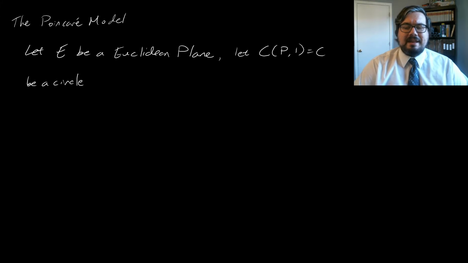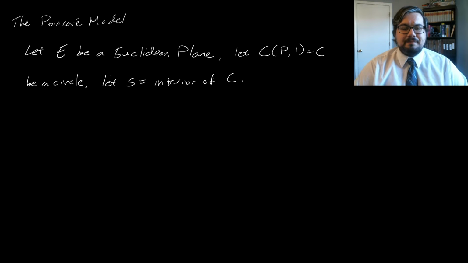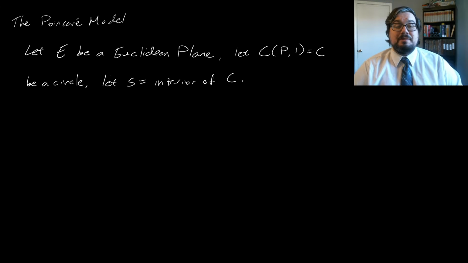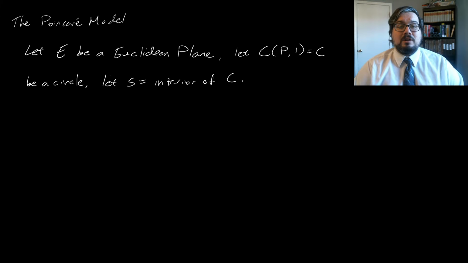Let's give that the name C. And let's let S be the interior of the circle C. This S is going to be the set of points in our Poincaré model, the set of points in our new geometry.